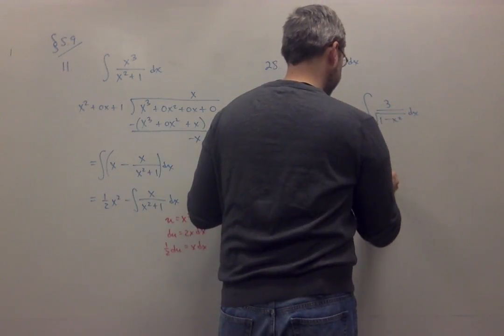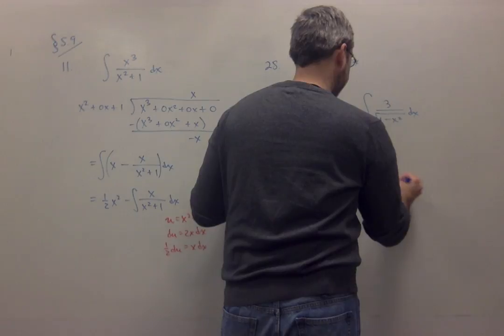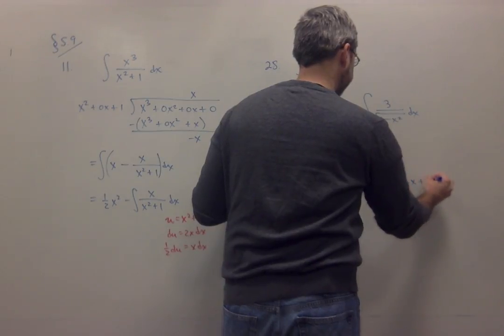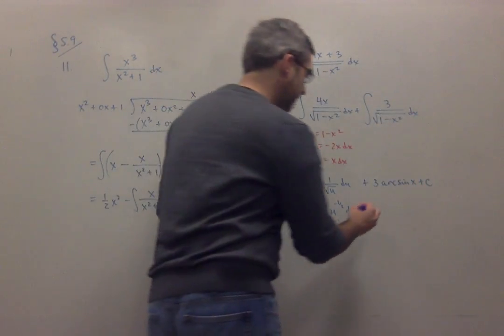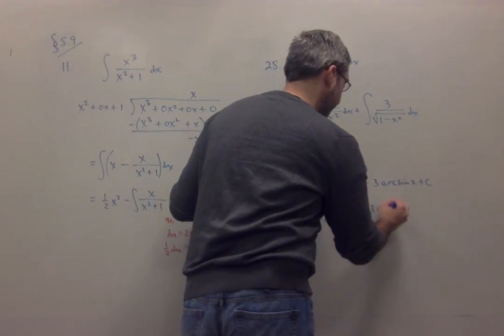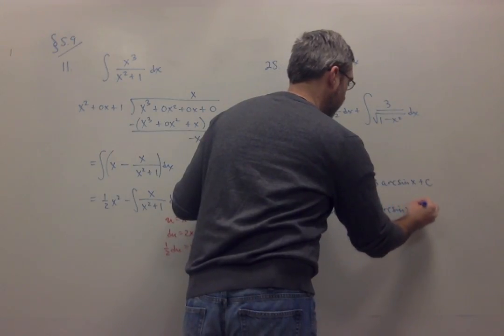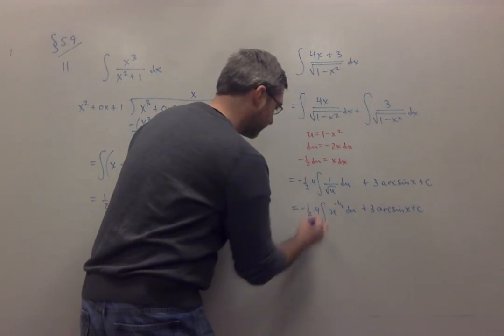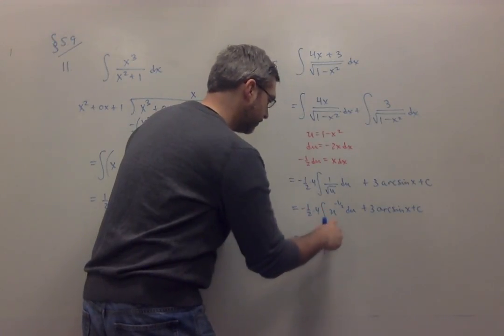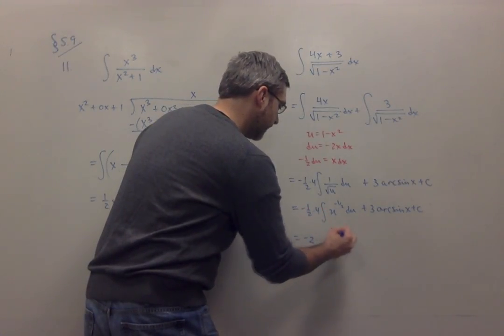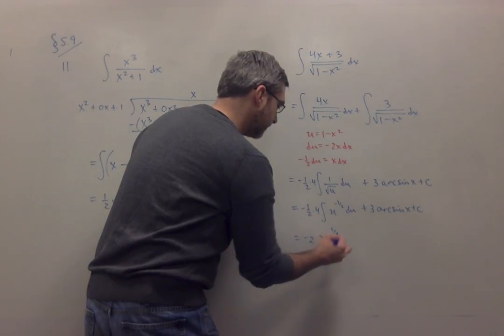This part right here is just straight arc sine. Okay, so that's just going to follow us as we do this. And so we've got a negative 2. U to the 1/2 divided by 1/2 is going to be multiplied by 2.